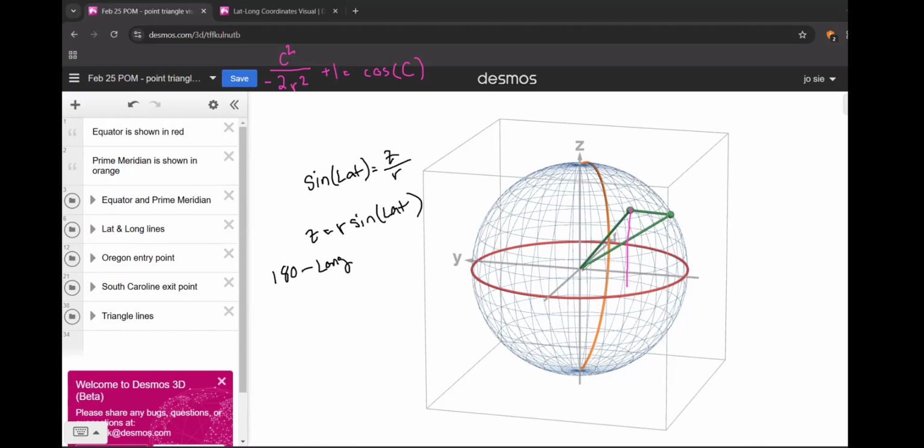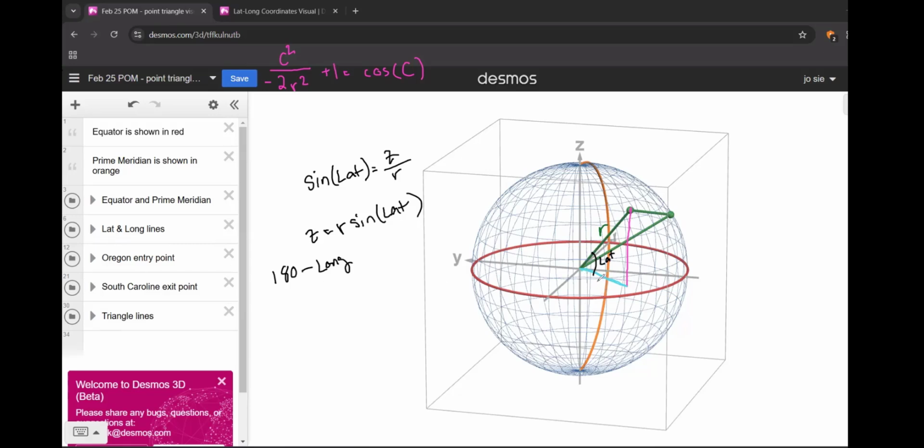Now I want to figure out, okay, what's this distance here? Sort of like the shadow of that radius in the XY plane. Well, I can still use my latitude as my angle, and I can use the radius of the Earth here to then figure out what this distance is.